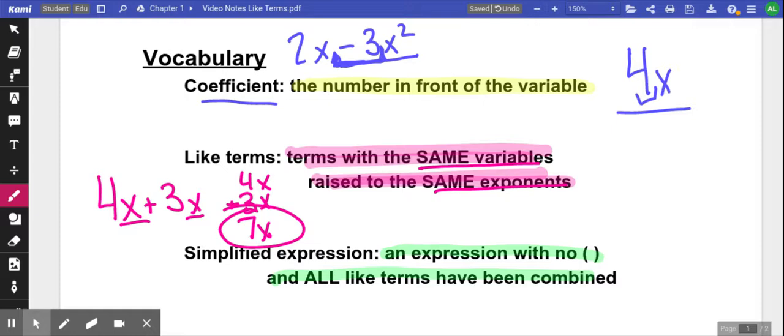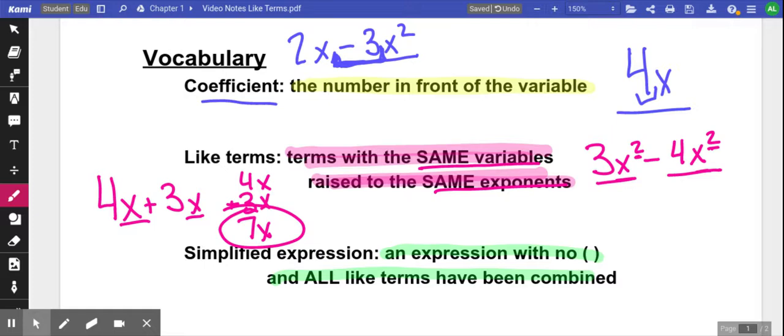So this is when you have to be careful with those negative signs. So let's say I had 3x squared minus 4x squared. We still have like terms. Okay, 3x squared and 4x squared, we've got the same variable and the same exponent, so we know they are like terms.